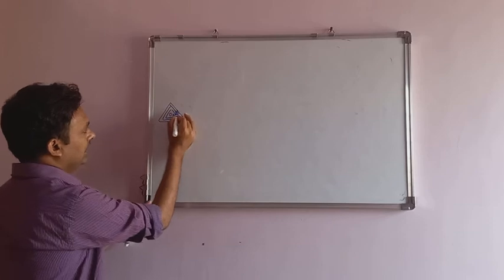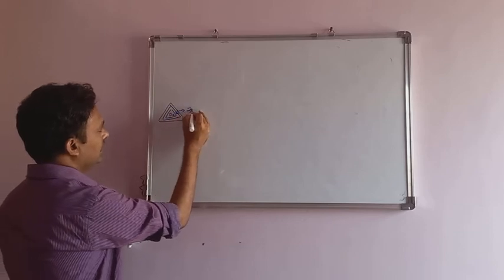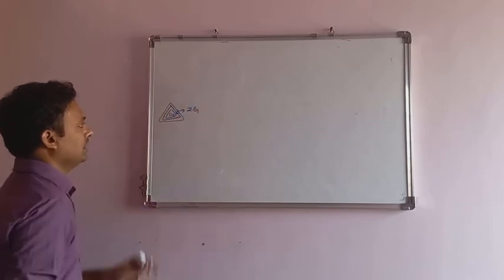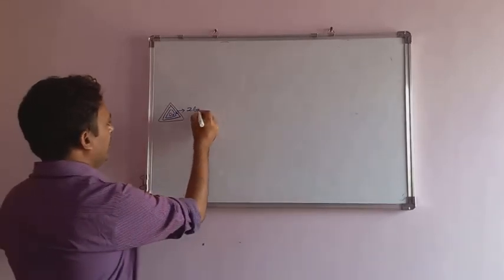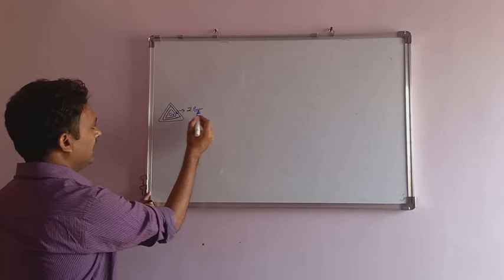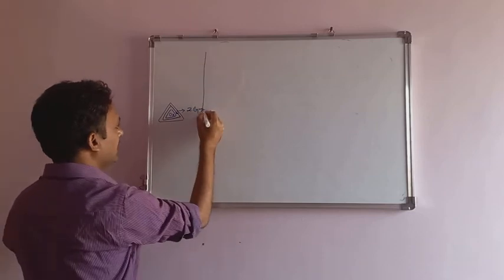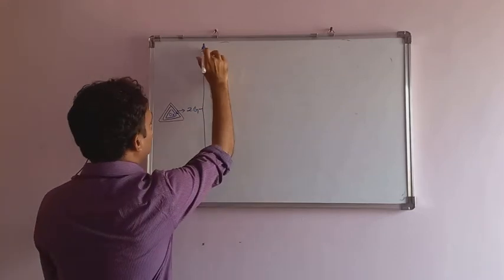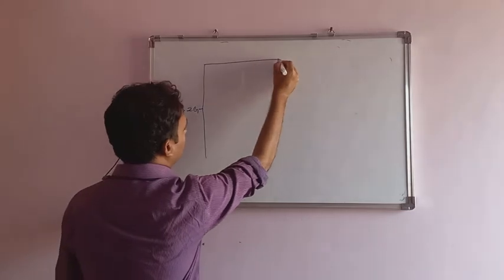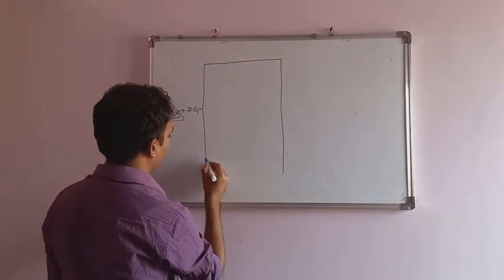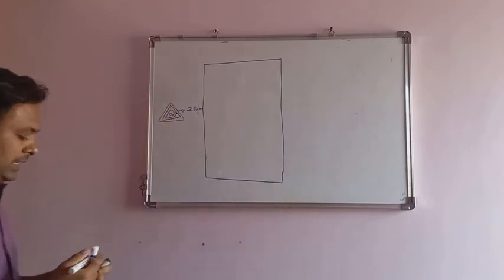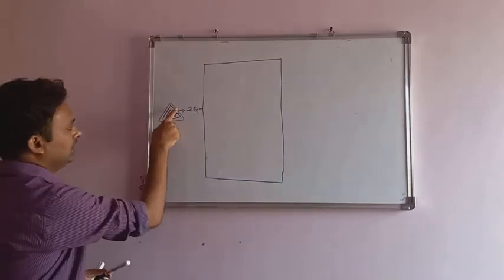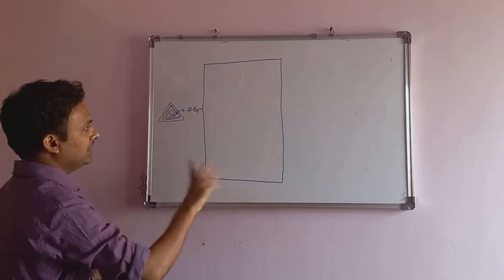Layer number 1 is called zona glomerulosa. We enlarge the cell of layer number 1, the zona glomerulosa, like this.